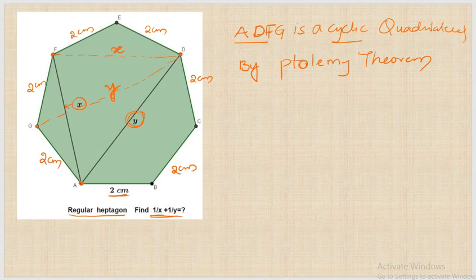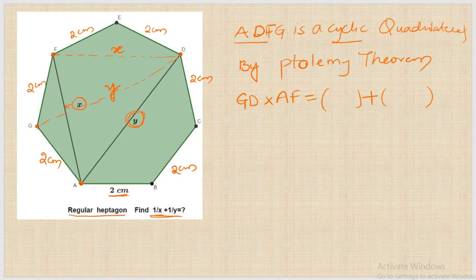From this figure, the product of diagonals is GD into AF, and this is equal to the sum of products of opposite sides.